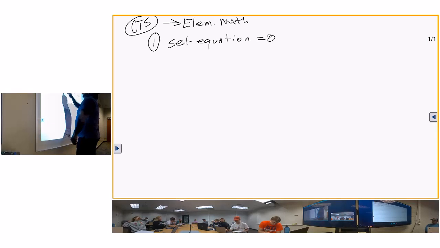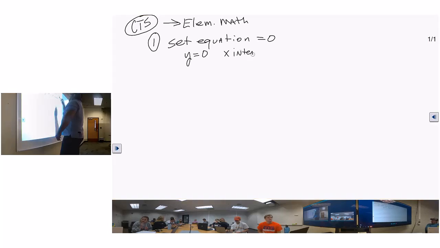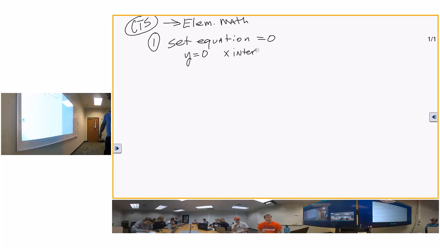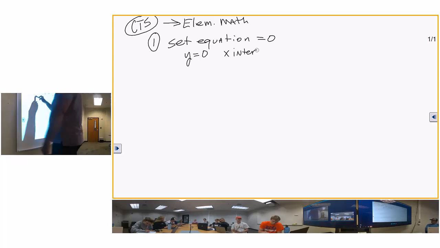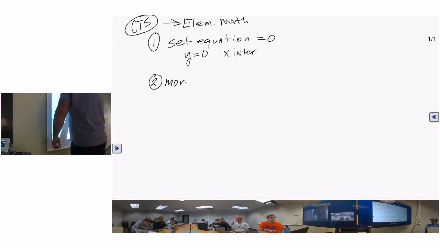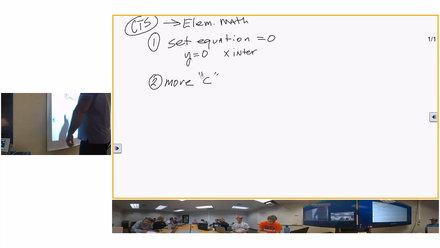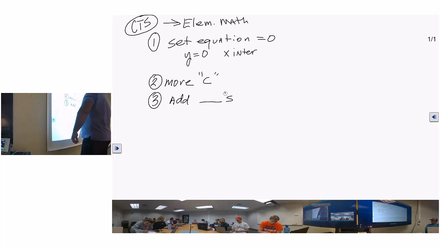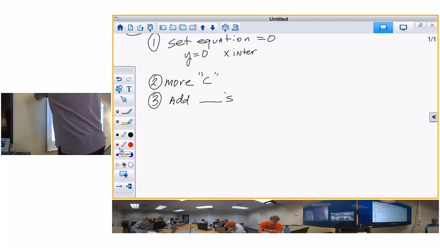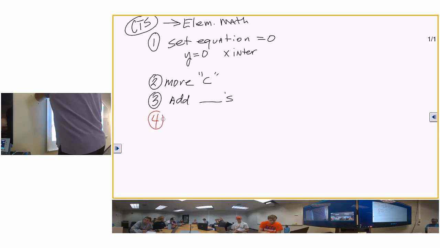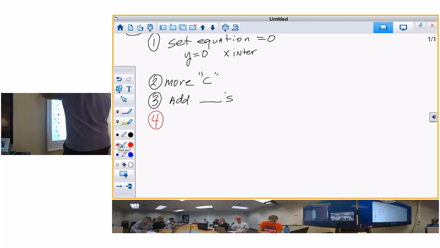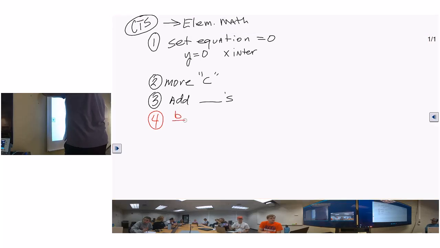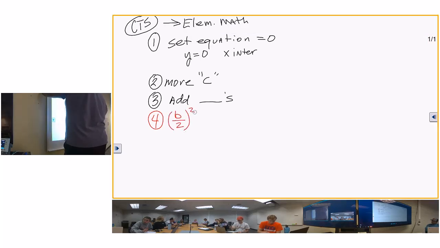When you set y equal to 0, you're finding the x intercepts. 2, move C. 3, add blanks. 4 is in red. Y'all know I do not use red. So that means red is very important. B divided by 2 squared, and you add that to both sides.